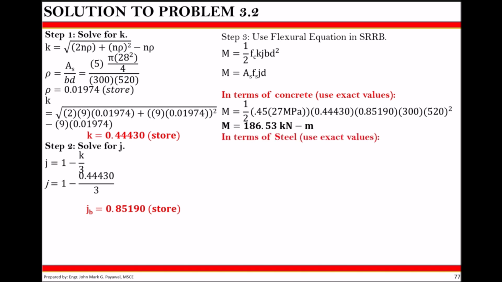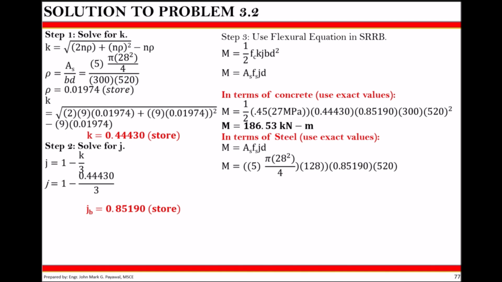Next, in terms of steel, using exact values for J and K, we'll have M is equal to AsFsJd. Remember that As is 5 areas of 28mm bars, and then Fs is 128 from the given. Your J is stored at 0.85190, and then your d is 520.